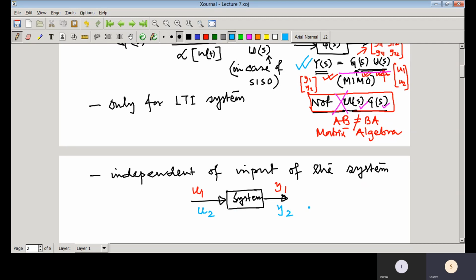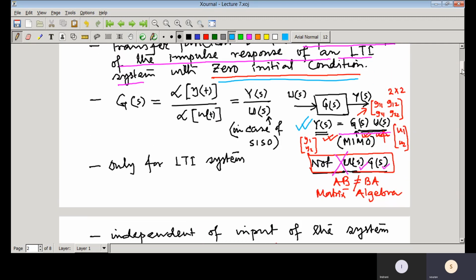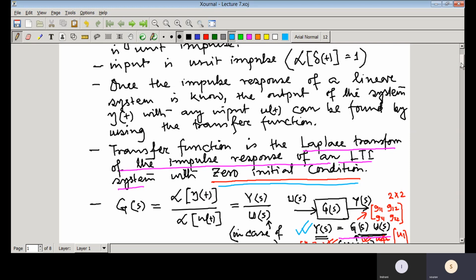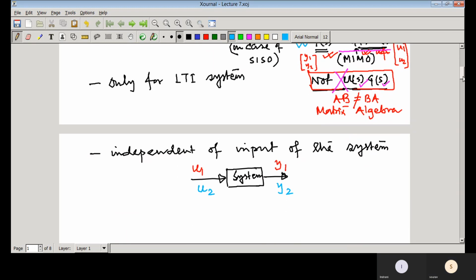The answer is no. The reason is, the definition says that it is the Laplace transform of the impulse response of an LTI system. Impulse response of an LTI system means if you apply a unit impulse, you get some output, and if you take the Laplace transform of that output, it gives you the transfer function of that system.